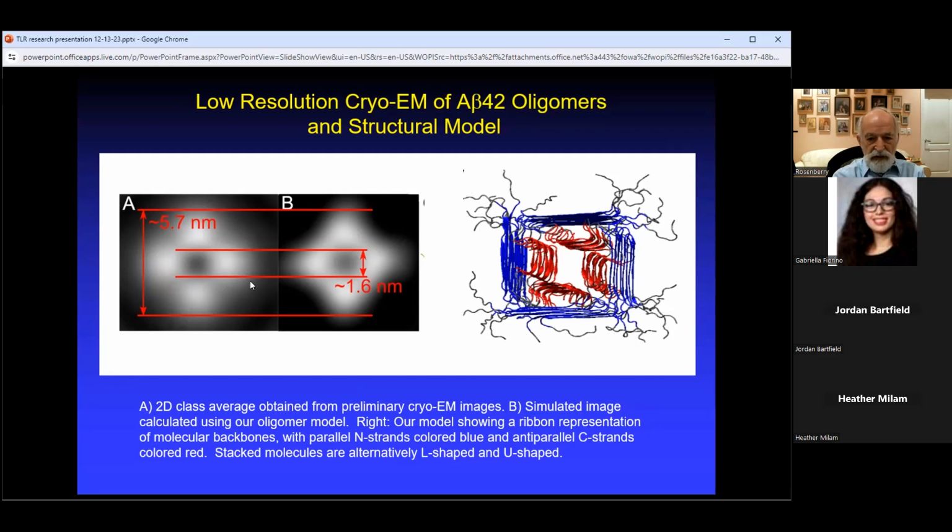And we did some class averages and simulated our oligomer model with the format shown on the right, which is a relatively complicated formula. The C strands are shown in red, the N strands are shown in blue, and the N strands are alternatively L and U shaped. And that's sufficient to make an electron micrograph that is sort of in the arrangement that we see here in cryo-EM.